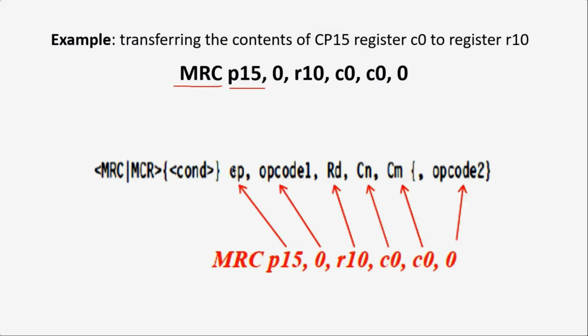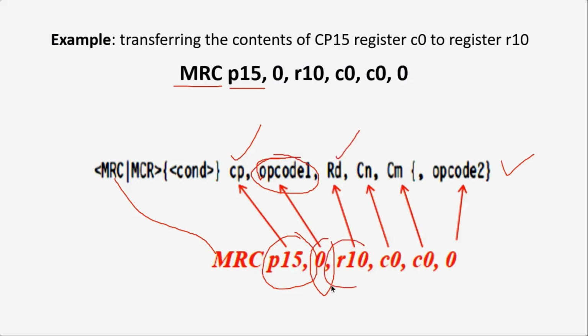Then here is the CP number, so CP15, or P15, no problem. This syntax was discussed in the previous slide. Then opcode, we have written 0, since there is no operation, it is just transferring data from C0 to R10.